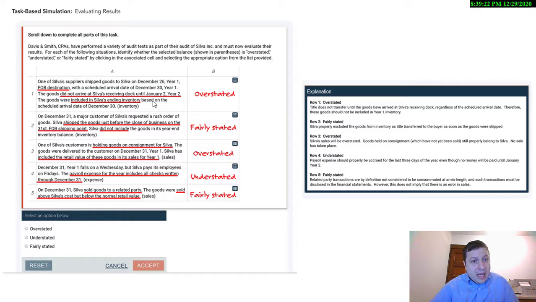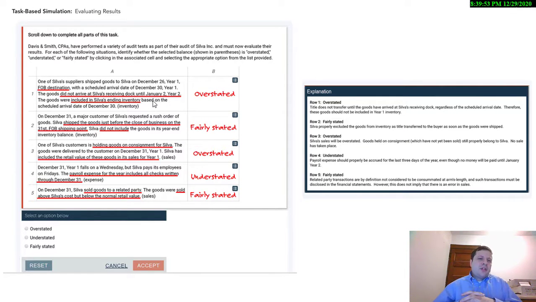Checks are written only on Friday. So if the payroll expense for the year only includes checks written through December 31st, they didn't have any checks for Monday, Tuesday, and Wednesday of that last final week. So their expense account is understated. Even though no cash left their account, they have to accrue an expense for those last 3 days of the year.